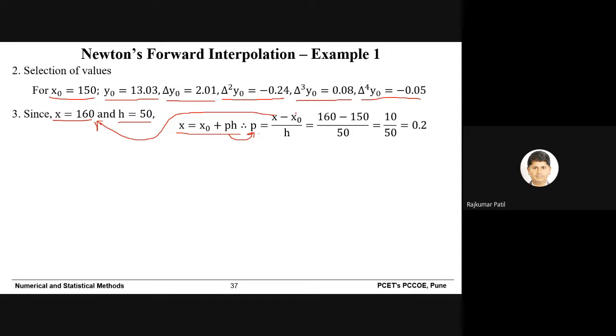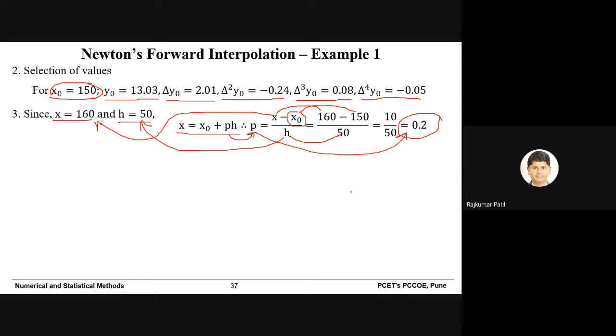Then x naught we have to take from the selected values. So x naught here is 150, and h is the interval, here it is 50. So put those values in the equation: x 160, x naught 150, h 50. Upon simplification, you will get the value of p as 0.2.